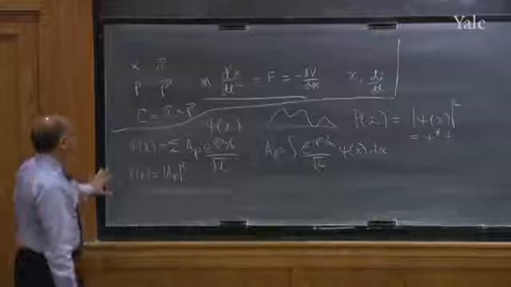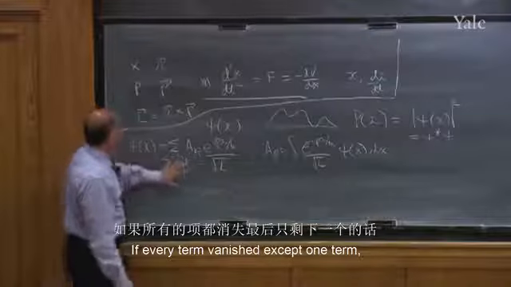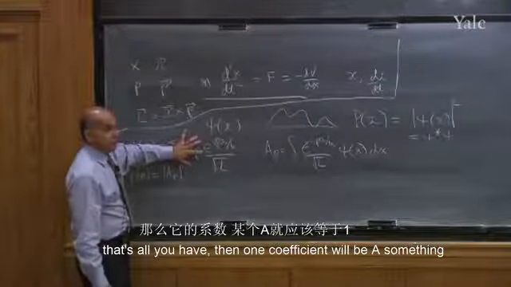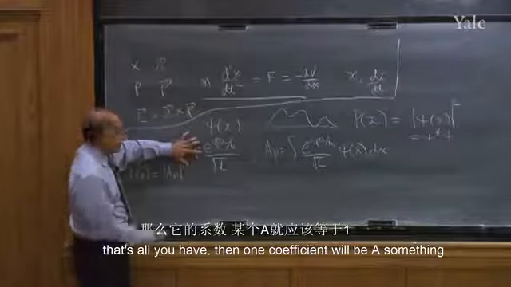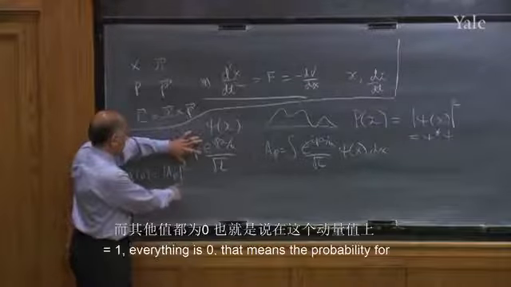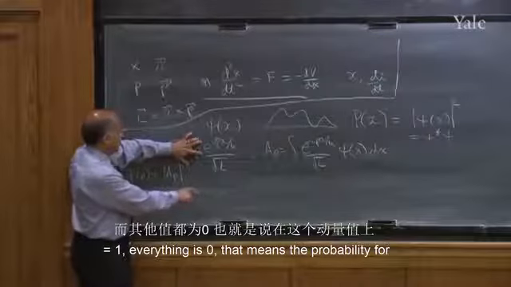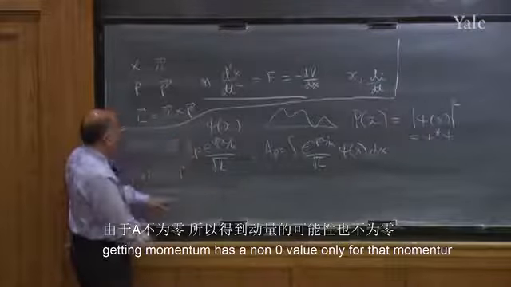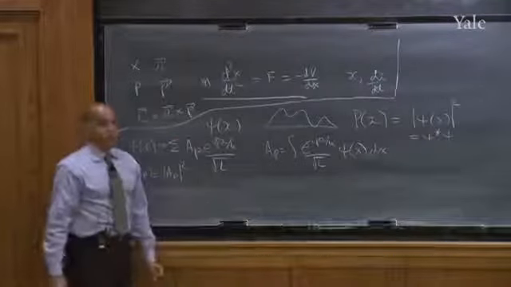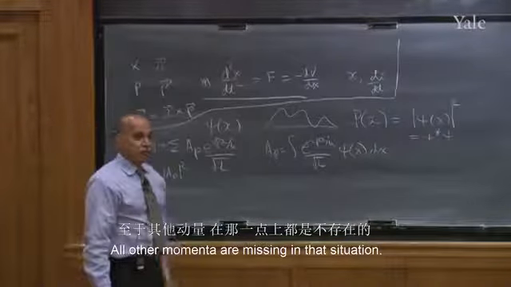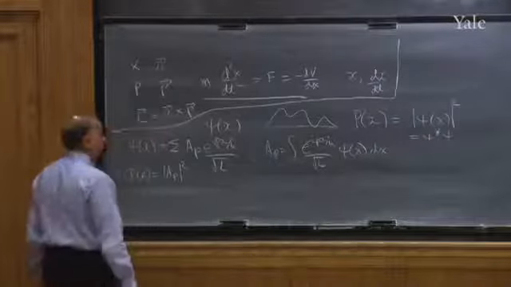How do I know it's a state of definite momentum? If every term vanished except one term, that's all you have, that one coefficient will be a sub something equal to 1, everything else is 0, that means the probability for getting momentum has a non-zero value only for that momentum. All other momenta are missing in that situation.